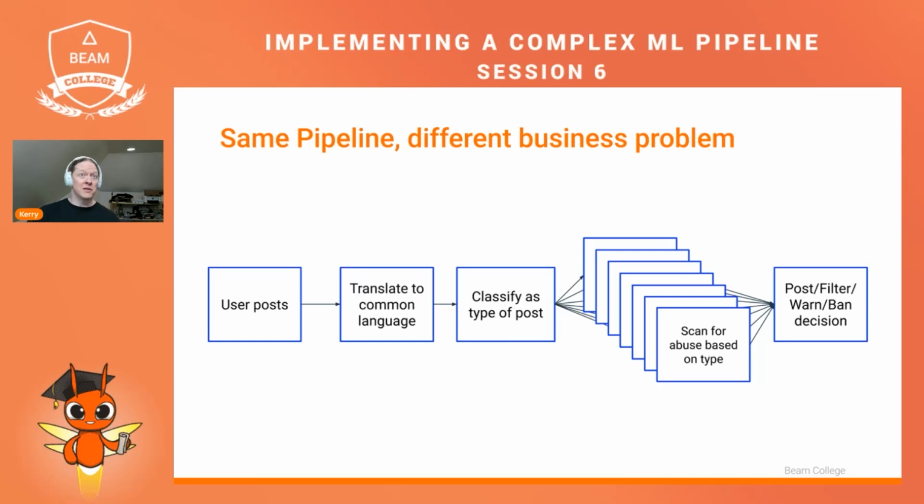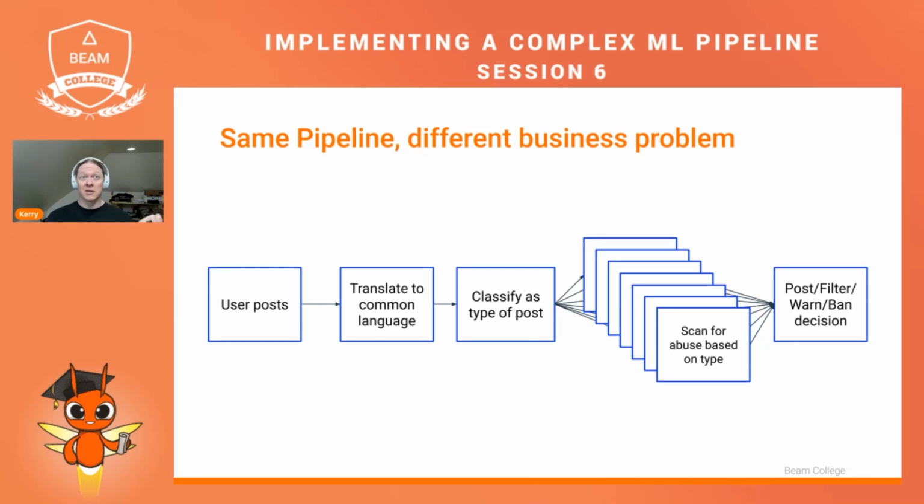Another example with the same graph topology would be for content moderation, where you could say, I have a platform that users can post to, and I'm an international platform. But it's very hard for me to have good representation of all languages in my models for things like spam or abuse.